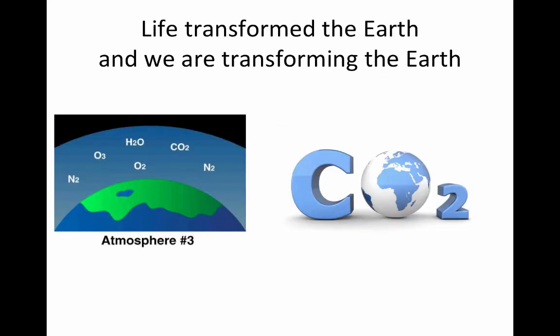Looking ahead, we've seen now how the Earth's atmosphere had to be transformed before life could arise. And what we're going to start to see over the next couple weeks is how the presence of life itself actually transformed the Earth and the atmosphere, particularly when we start to see organisms that are capable of photosynthesis adding oxygen to the atmosphere, and that changes everything.